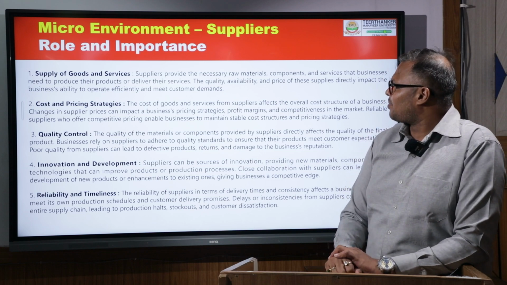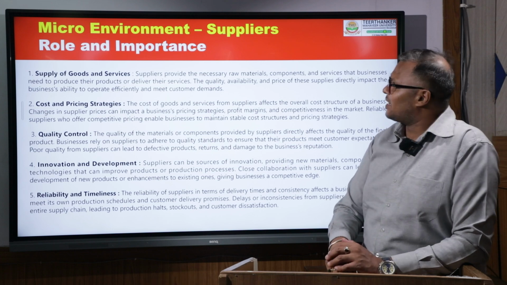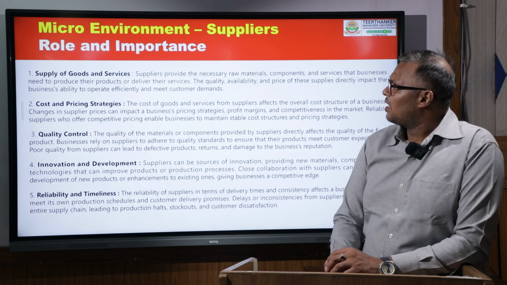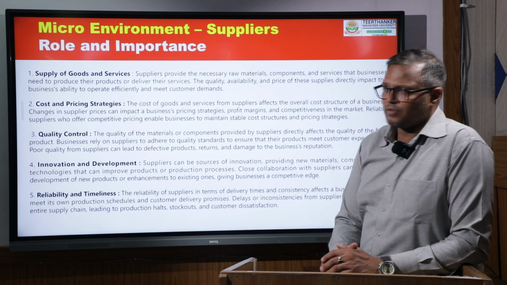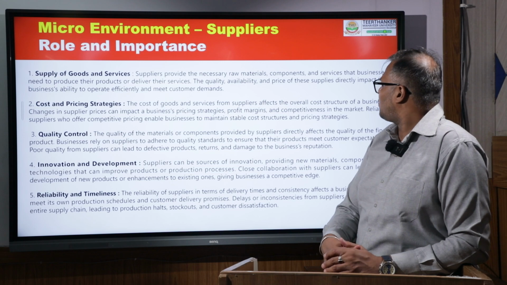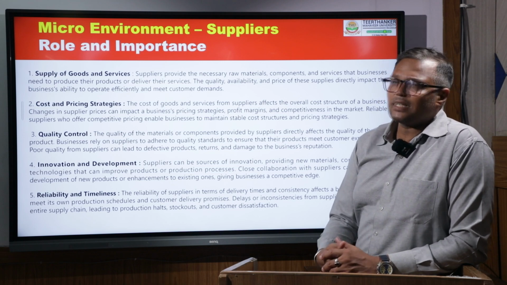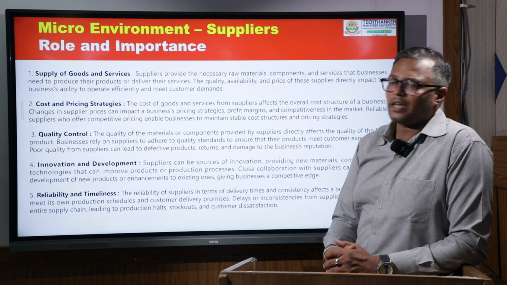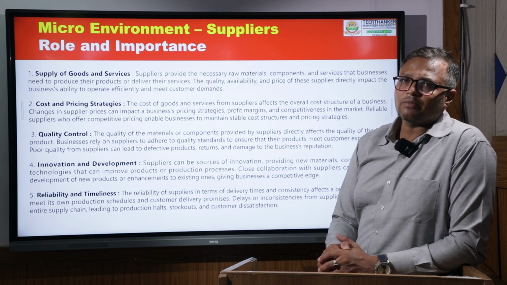The supplier provides necessary raw material, components, and services that the business needs to produce its products or to deliver its services. The quality, availability, and price of these supplies directly impact the business's ability to operate efficiently and effectively in order to meet the customer demands.